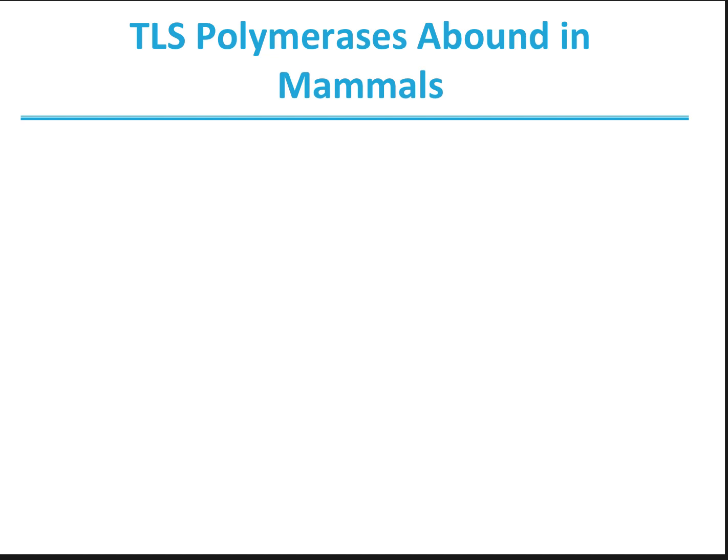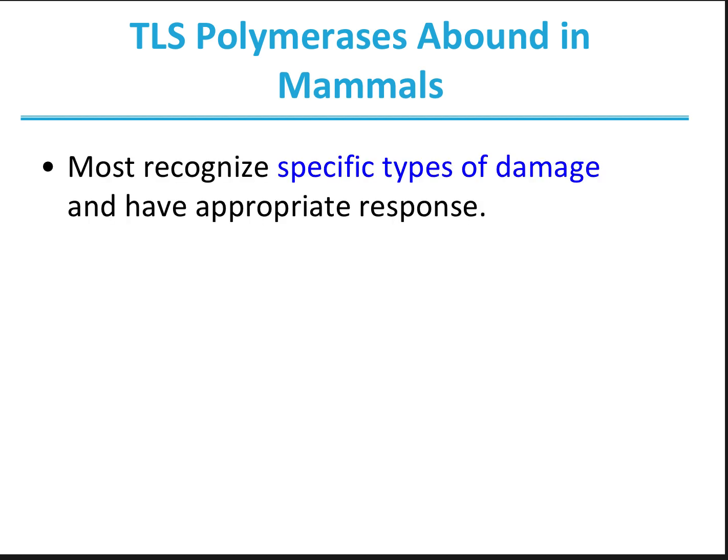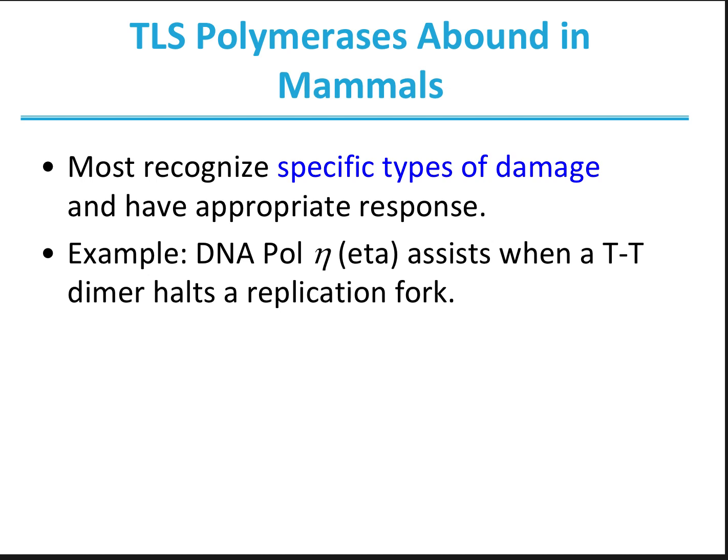So TLS polymerases abound in mammals. Most recognize a very specific type of damage, and they have an appropriate response. One example of this is DNA Pol Eta, and this assists when we have those thymine dimers.